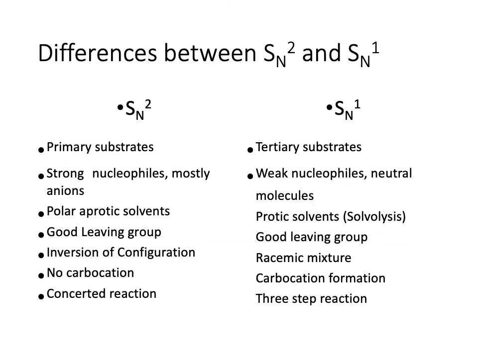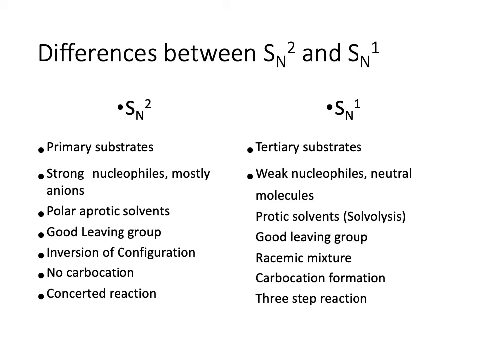Here you see a table showing the differences between SN1 and SN2. For SN1 you need a weak nucleophile, but for SN2 you need a strong nucleophile. SN1 happens for tertiary substrates, but SN2 happens for primary substrates.